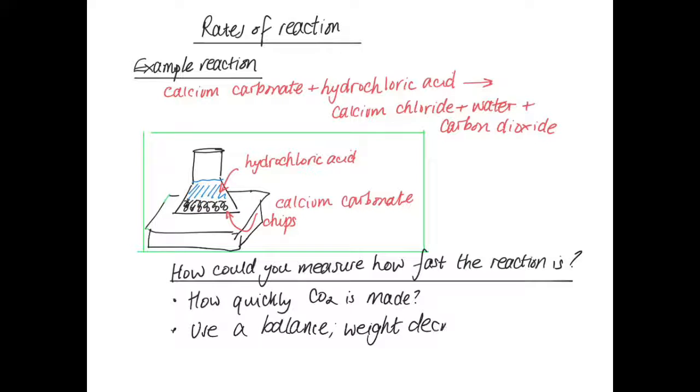And the weight decreases because carbon dioxide is being made. And because carbon dioxide is being made and it escapes to the atmosphere, the weight of the flask and its contents goes down. And the quicker the mass decreases, the more carbon dioxide is made per second or per minute, the faster the reaction.